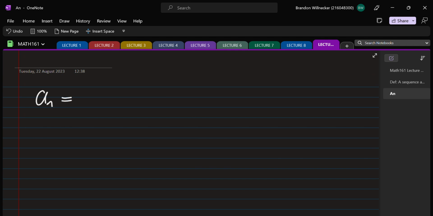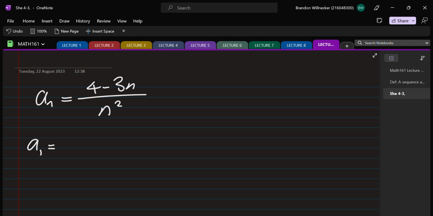So a_n is equal to (4 minus 3n) over n squared. Something like this. The first thing that we should do is write out a couple terms to see what the behavior is like.